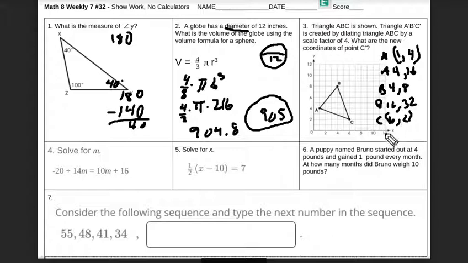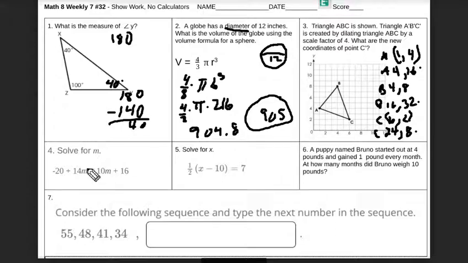Again, we're going to have 6 times 4. Well, I think of that one as 6 times 2 and 6 times 2 again. 6 times 2 is 12. And I have another 12, so 12 and 12 is 24. And I have 2 times 4, which is 8. So there are our new coordinates. Here is the new coordinate of A here, the new coordinate of B here, and the new coordinate of C here. Okay, so the triangle would be dilated and get much larger. It would be much larger.